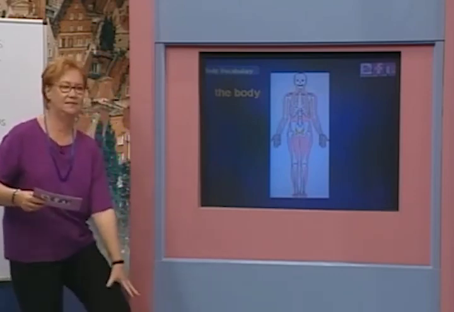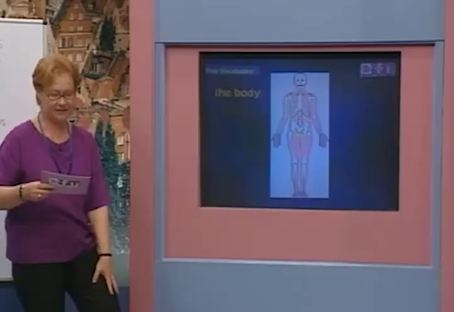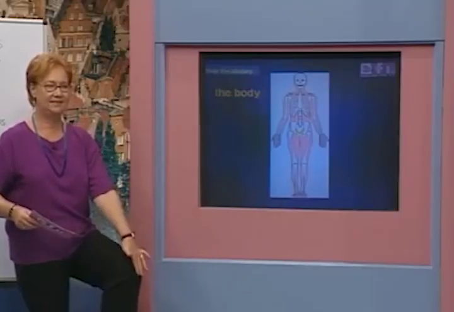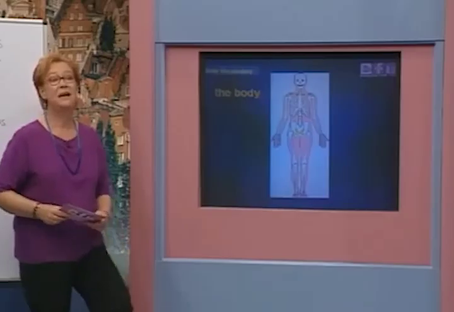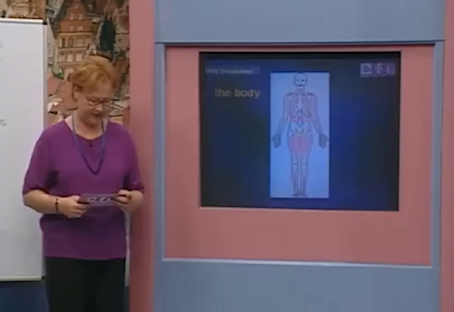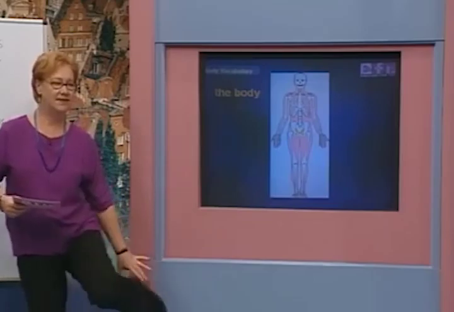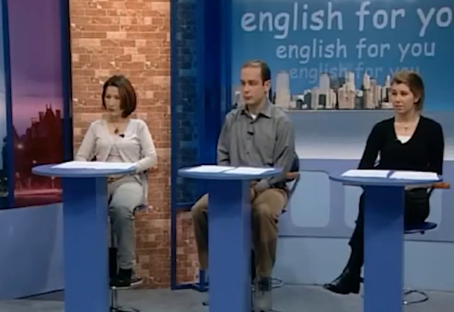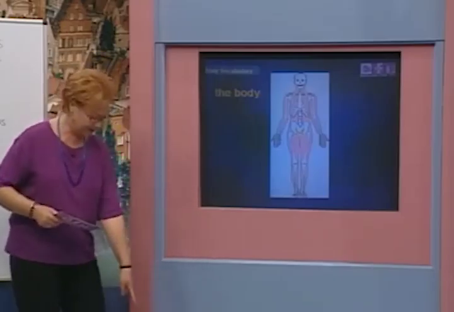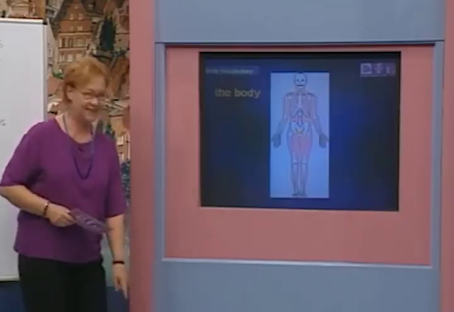What's this? It's a leg. Yes, that's right. What's this? It's a knee. Spell it. K-N-E-E. Yes, very good. And what's this? It's an ankle. Yes, that's right. And what's this? It's a foot. What are these?